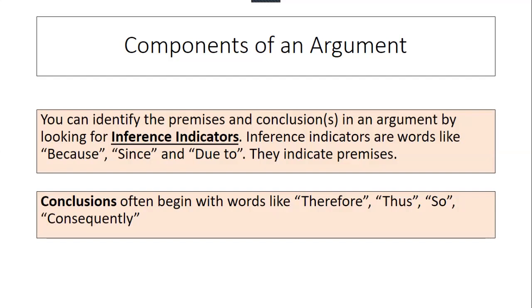Again, it's often, it isn't always. So you're going to be given some training in identifying inference indicators, but you should remember that not all premises and conclusions use inference indicators.